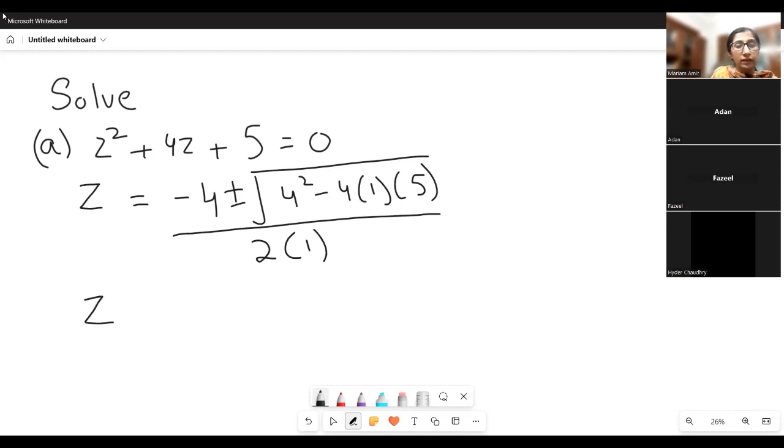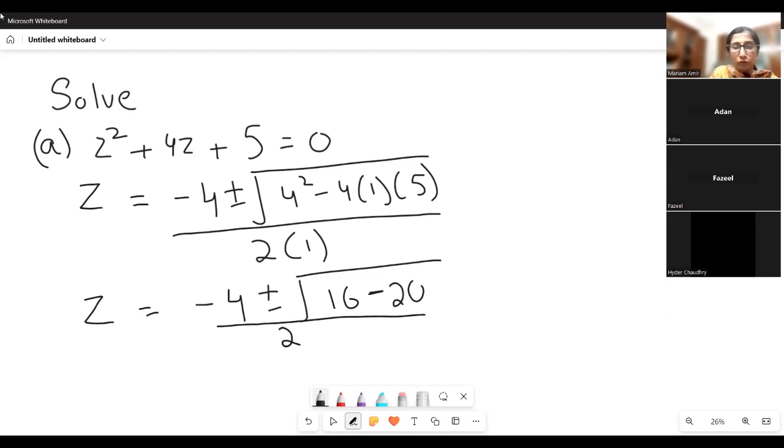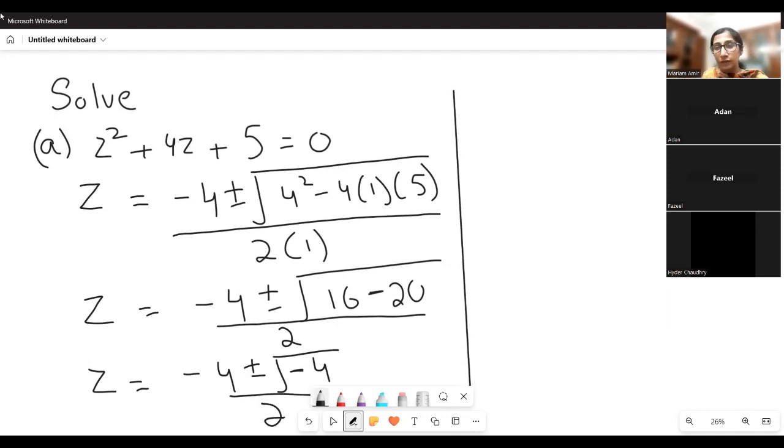So we get z equals -4 plus minus square root of 16 minus 20, upon 2. So we get z equals -4 plus minus square root of -4, upon 2. Now, if this were O levels, your calculator would have said math error had you attempted to solve this. But now you know what to do.